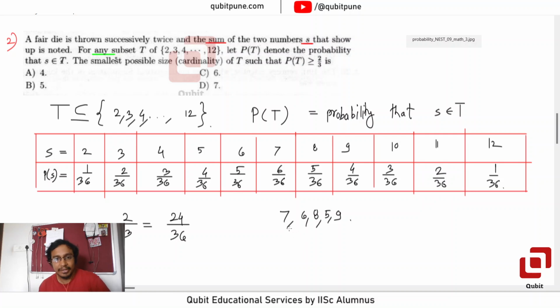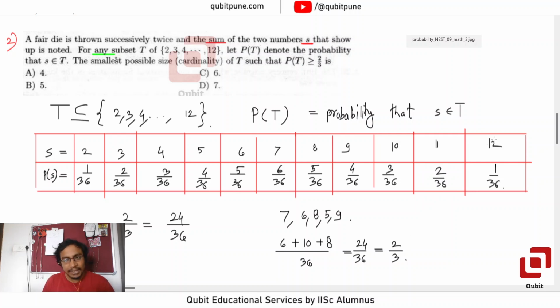What is the probability of 7, 6? 6, 8 का हो गया 10. ओके, और 5, 9 का हो जाएगा 8. Now this is actually 2/3.